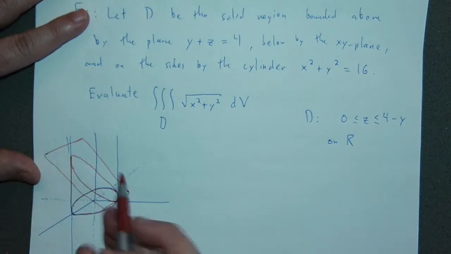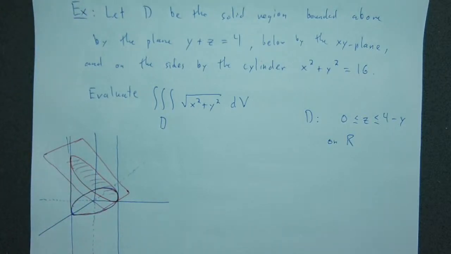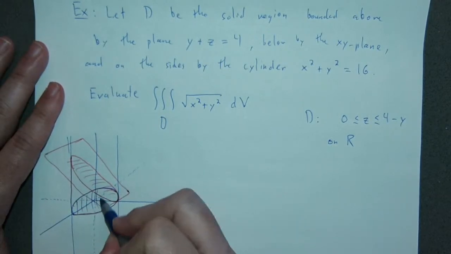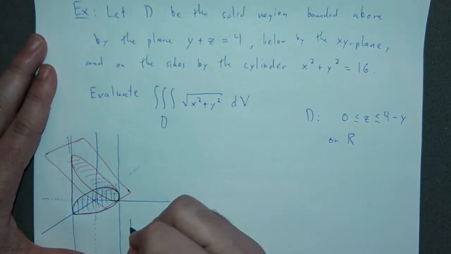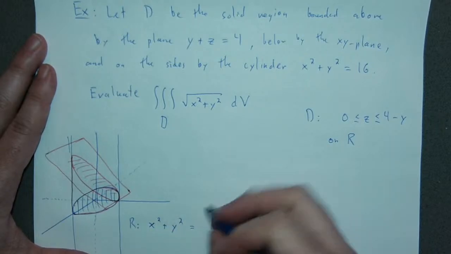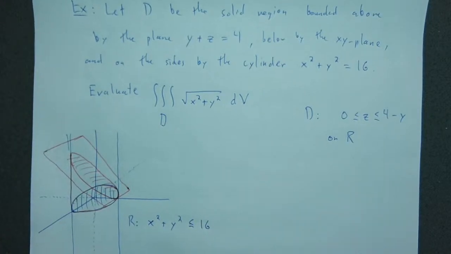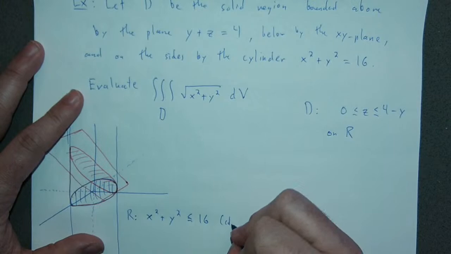So that's the top. The bottom is this region inside my cylinder in the xy plane, and we know exactly what that region is. It's the region inside that circle, which is just a circle of radius 4. So what is R? R is just our favorite closed disk of radius 4. It is the set of all x, y in the plane such that x squared plus y squared is less than or equal to 4^2, a closed disk of radius 4.